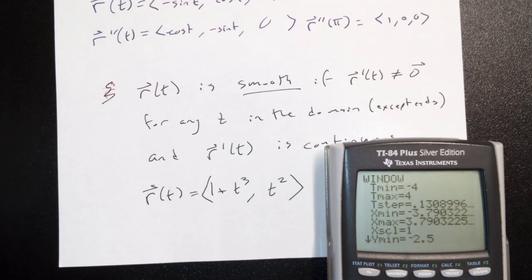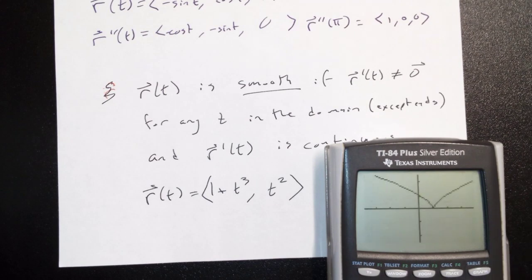When I graph this, oh, I wonder what t value that is. What's r prime of t? That is 0 when t is 0, right?